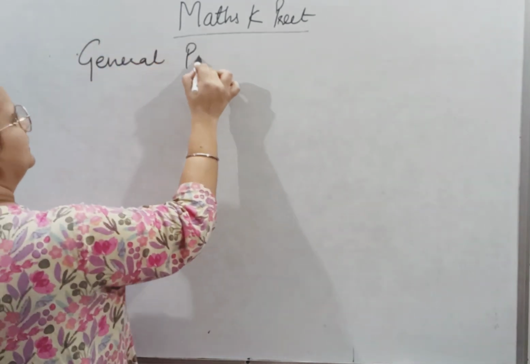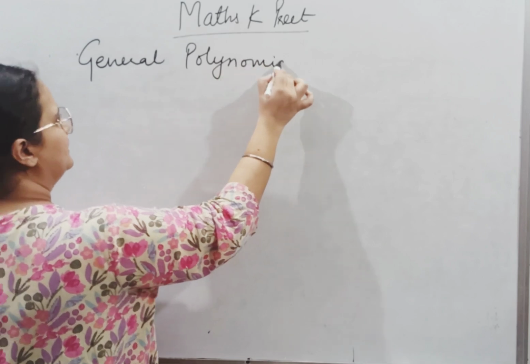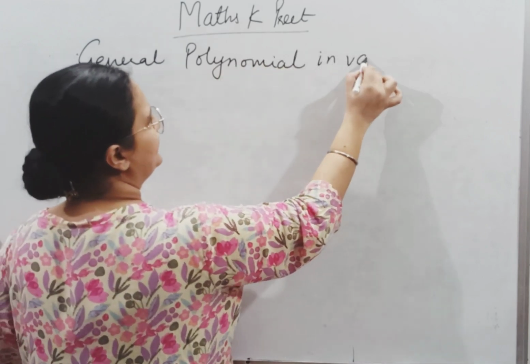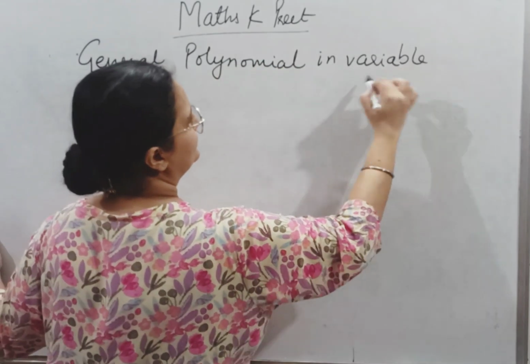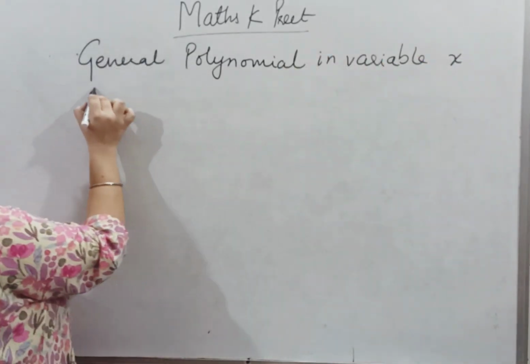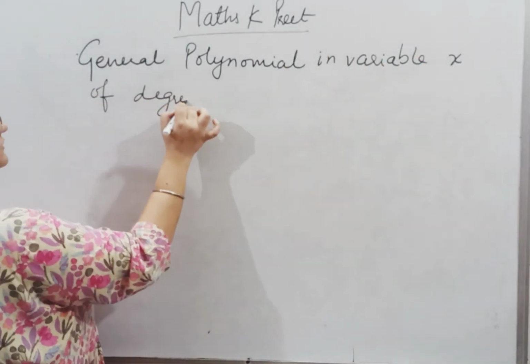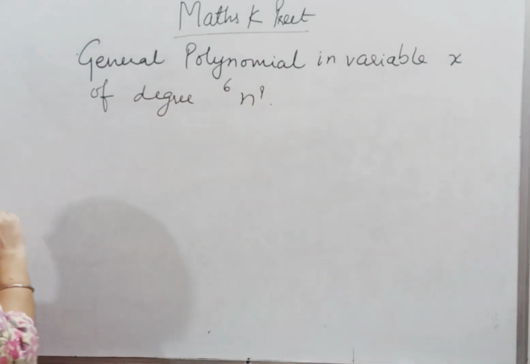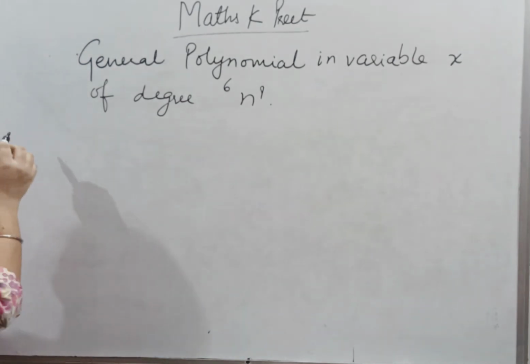General polynomial. In variable I am taking x. Generally we take x, in variable x of degree n. How to write? Of degree n. So if I am taking degree n, the coefficient of x raised to power n should not be equal to 0.